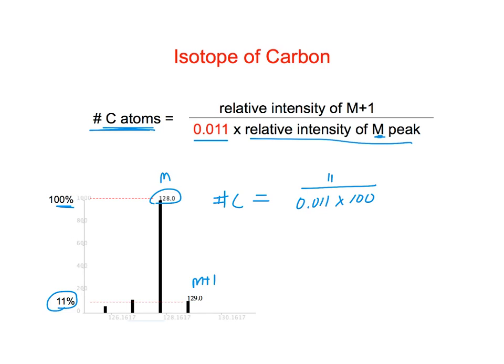If we do this math, we essentially end up with 11 over 1.1, right? 100 times 0.011 equals 1.1.